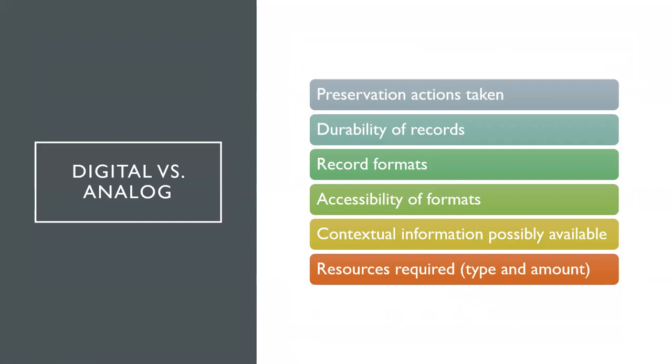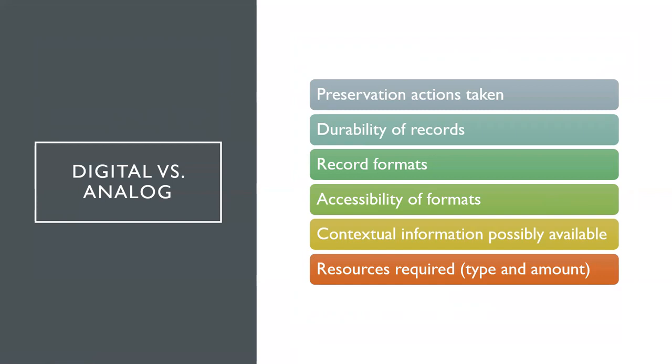Typically speaking, analog records are in formats that are more accessible for people to look at. Anyone can pick up a piece of paper and read it, assuming that they're literate. Assuming that people have vision, they're able to pick up a photograph and look at it.